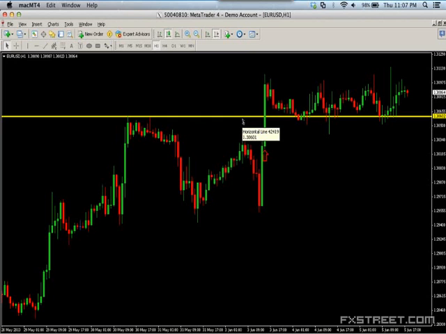This level has strength. This wall, if you put it in a basic language, the wall is so strong it took this much strength to go through it. A wall that's strong does not mean, oh my god, I need to buy it. It just means a strong level has been broken.